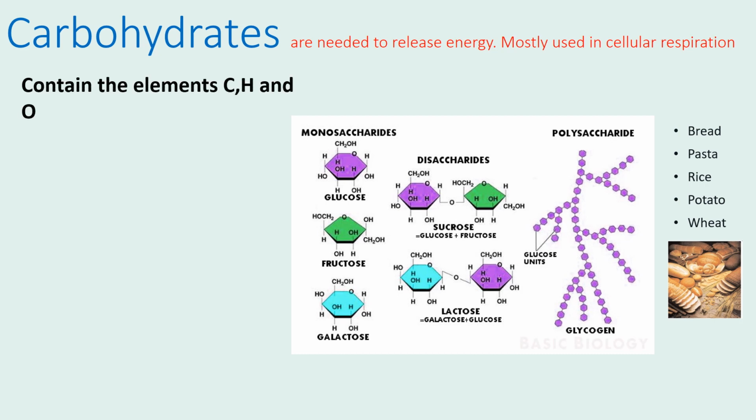Now, carbohydrates contain 3 different elements: carbon, hydrogen and oxygen, hence why they're called carbohydrates. Carbo for carbon, hydra for the hydrogen, and if you see a word in science that ends in -ates, then it tends to mean oxygen.